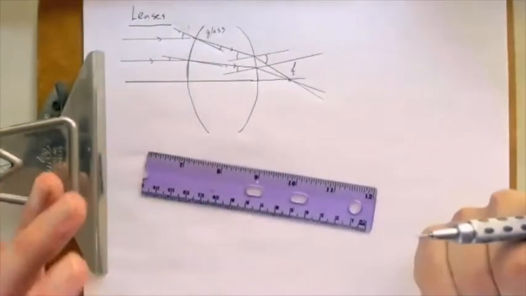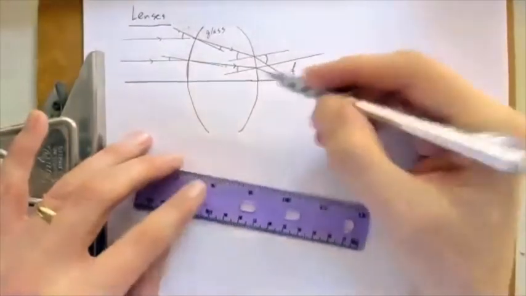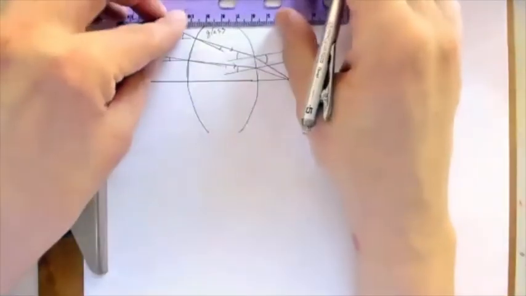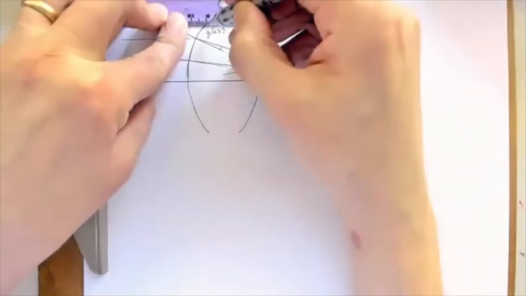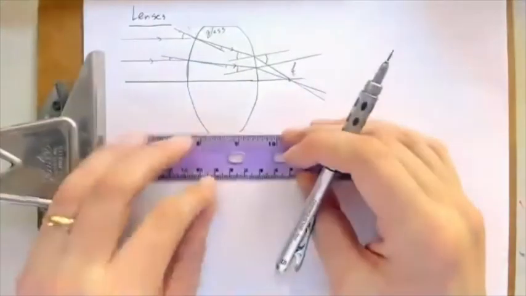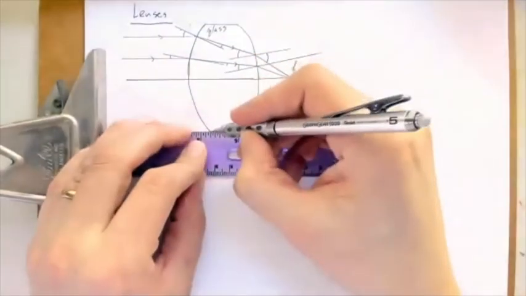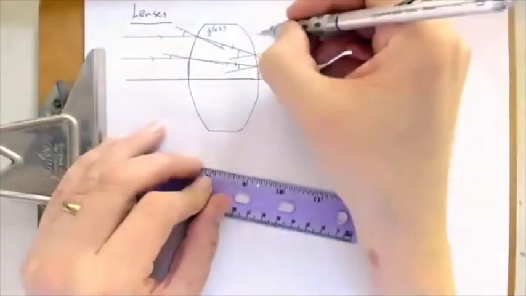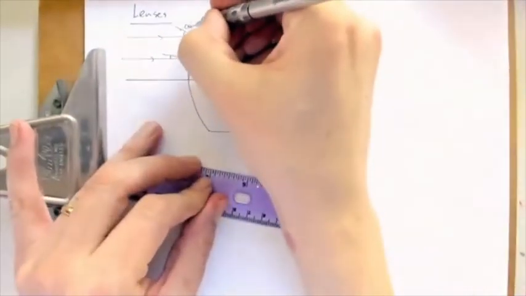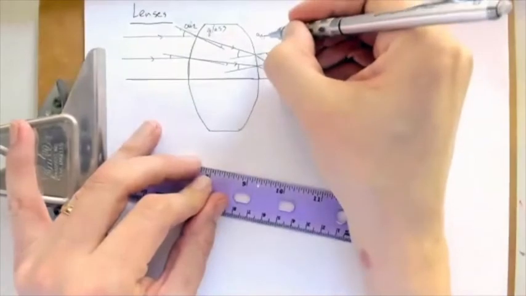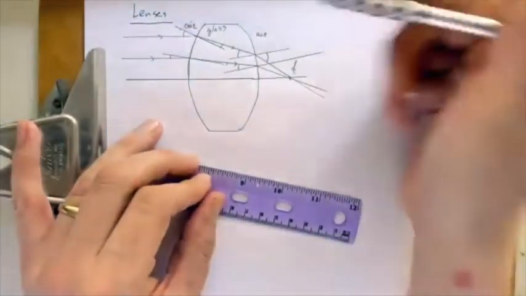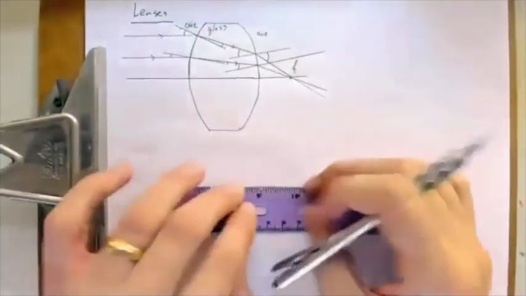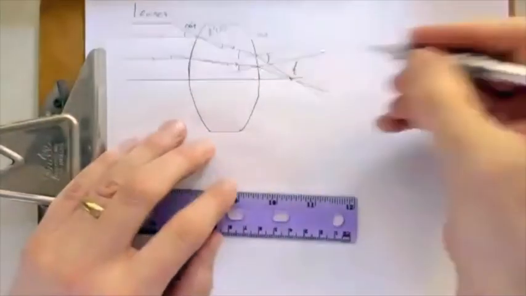So if you shape this correctly, you would call this a converging lens. So I'm going to make it like this. Air, glass, air. Oops. There you go. So this is a converging lens.